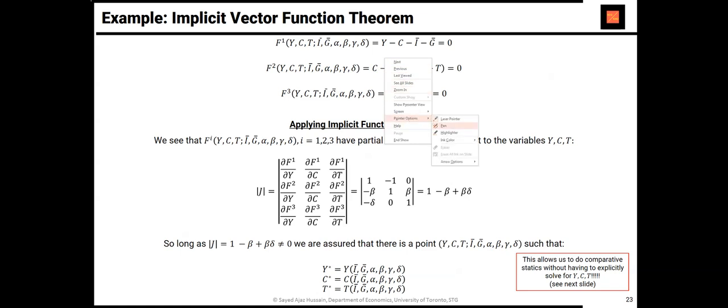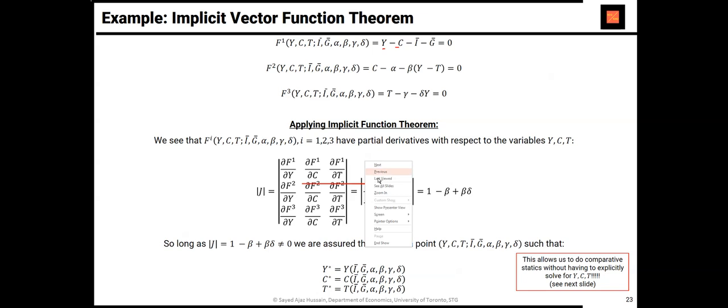Notice right here, it's 1. The first equation with respect to consumption is minus 1. The first function with respect to taxes, you don't see taxes here, so the derivative is 0. Right?